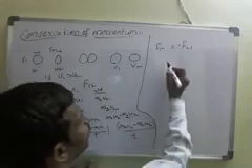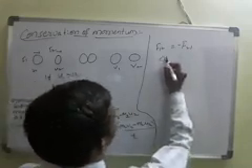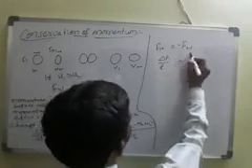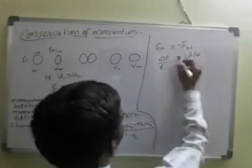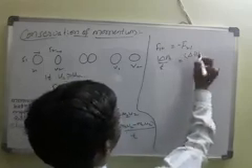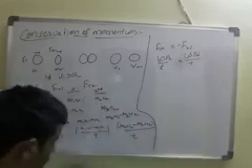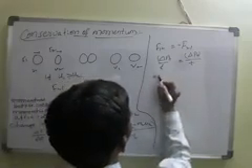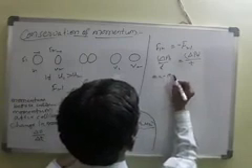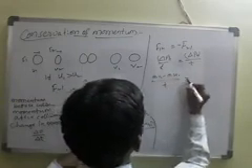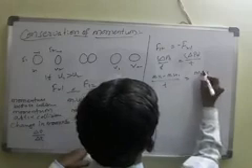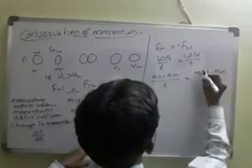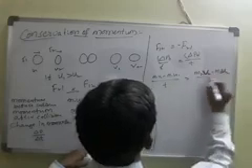So delta p1 by t is equal to the negative of delta p2 by t. Therefore (m1 v1 minus m1 u1) by t is equal to minus (m2 v2 minus m2 u2) by t.